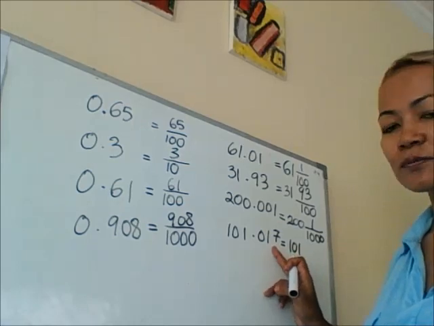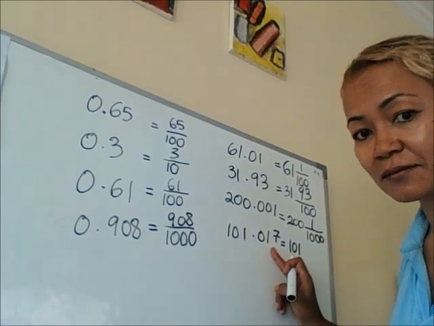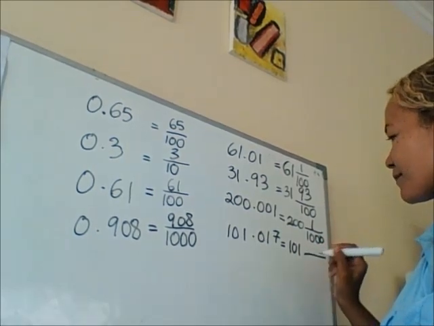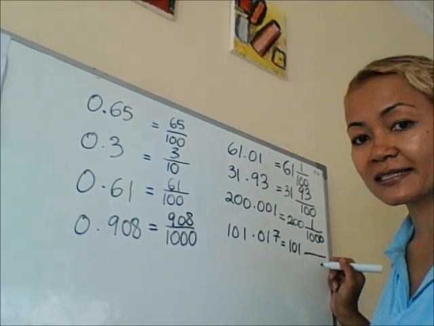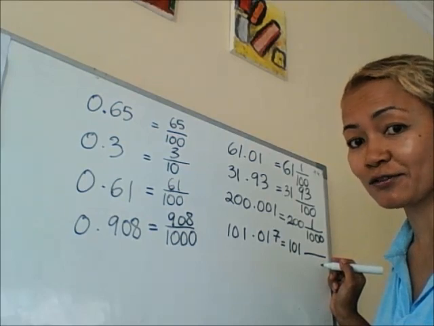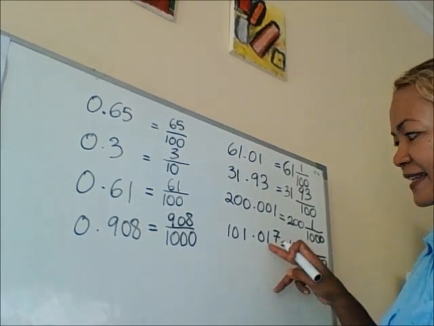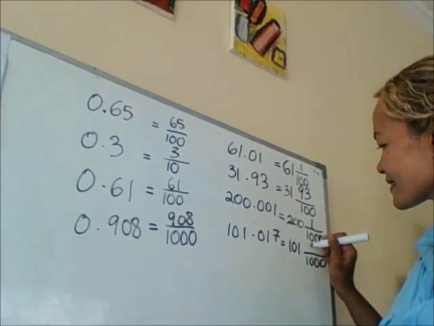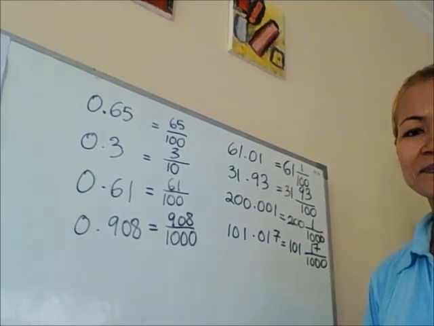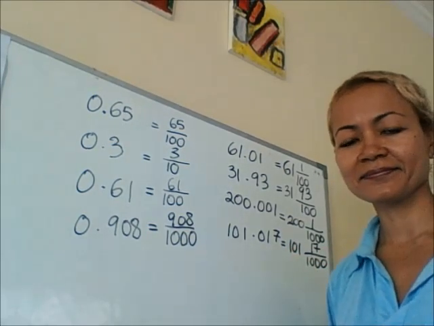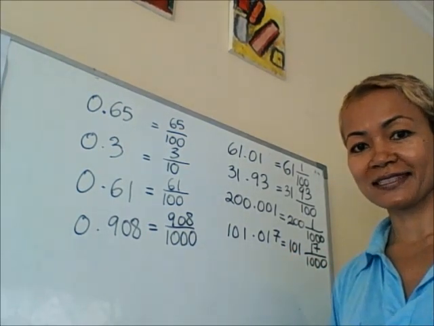Then after the decimal point, you have 3 columns that are being used up. So you know your denominator will have 3 zeros. 1, 2, 3, and that's 17. It slides straight onto the top. So 101 and 17 over 1,000. I hope that was clear.